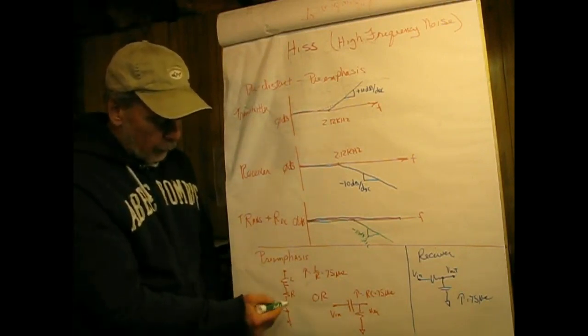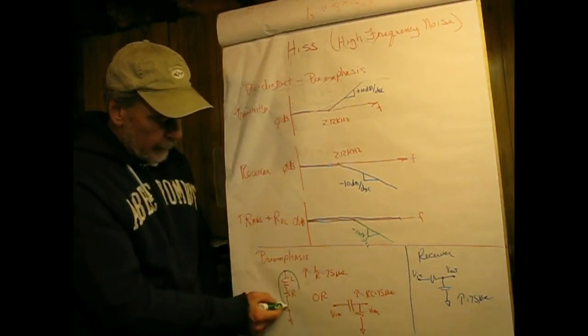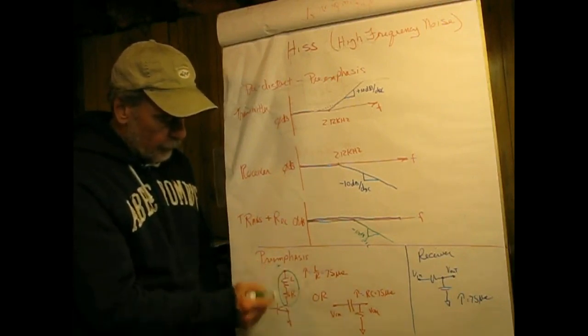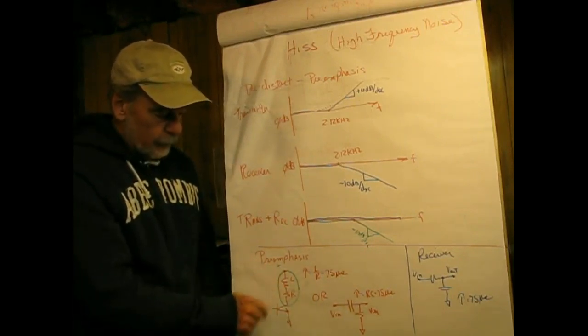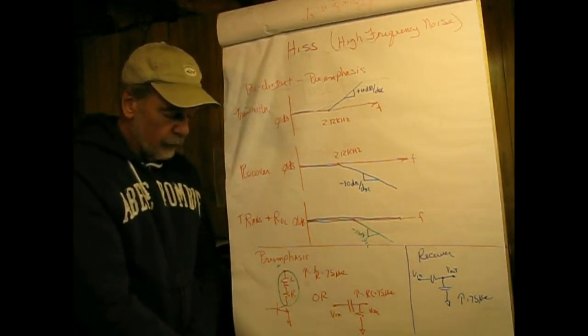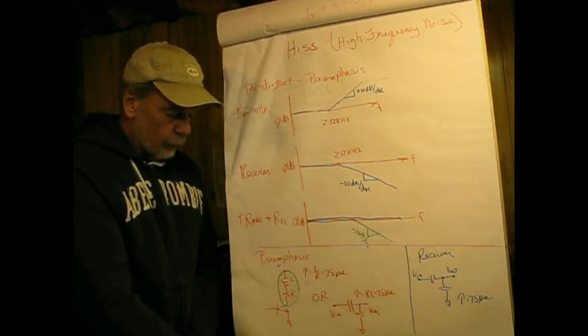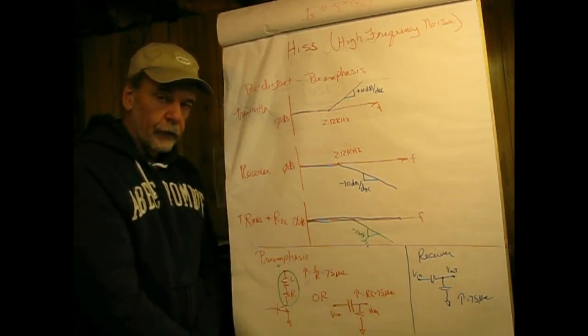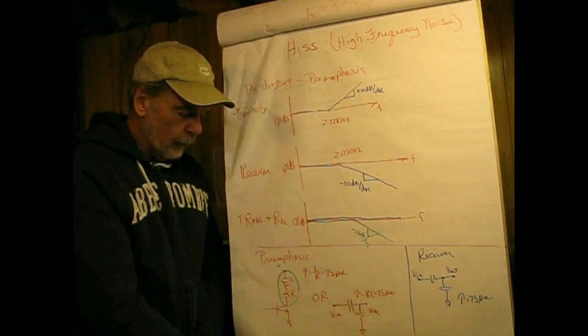One is a bipolar circuit, and in that circuit we have, this would be the supply voltage, an inductor in series with a resistor. What we know about the inductor is that its impedance is a function of the frequency. It's 2 pi FL.